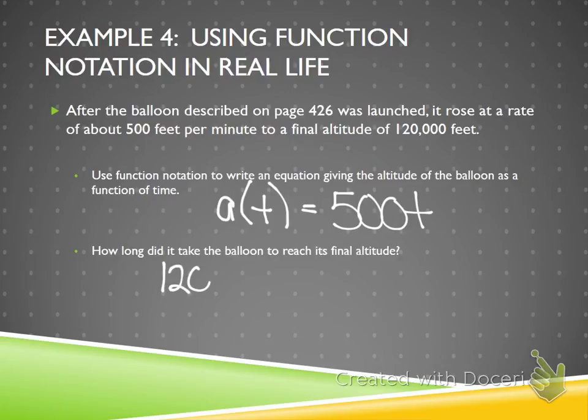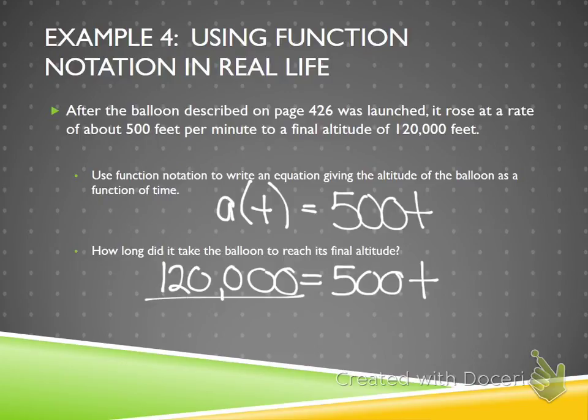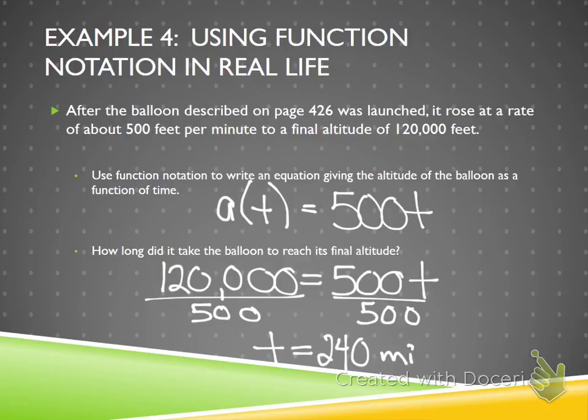So 120,000 equals 500 t. Now how would I solve for t? Divide 120,000 by 500. Yeah. Okay. And it took 240 minutes, which is 4 hours, to get to an altitude of 120,000 feet.